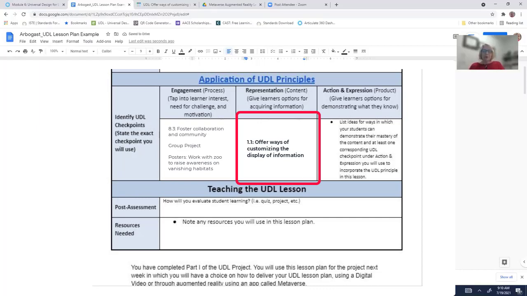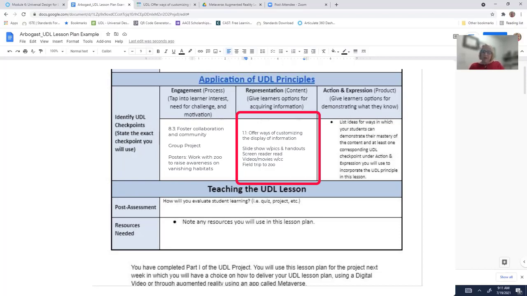Okay, so how am I going to do that? So I'm just going to spitball some ideas here. I would say maybe slideshows with pictures and handouts that could be screen reader ready. This is something which the student can then control when the slides are moved forward.